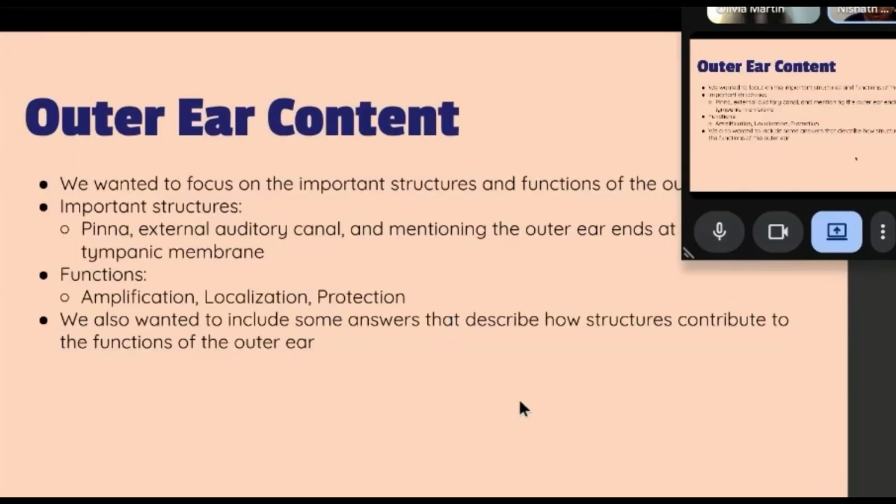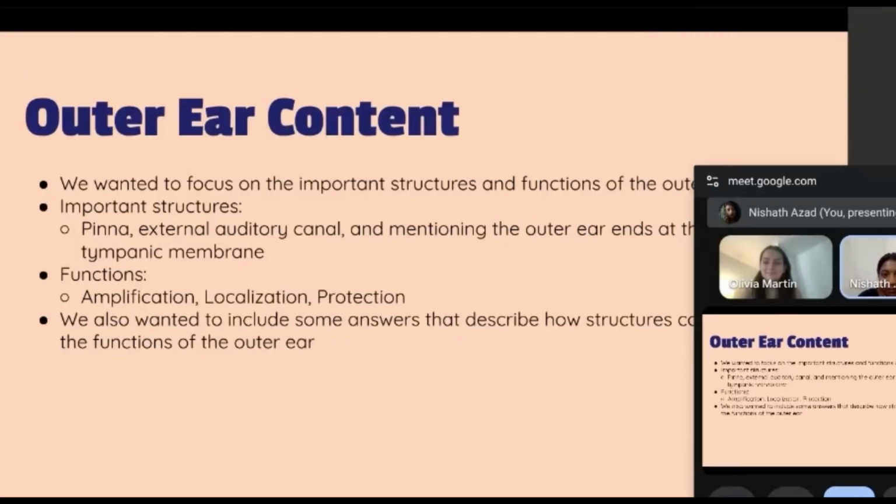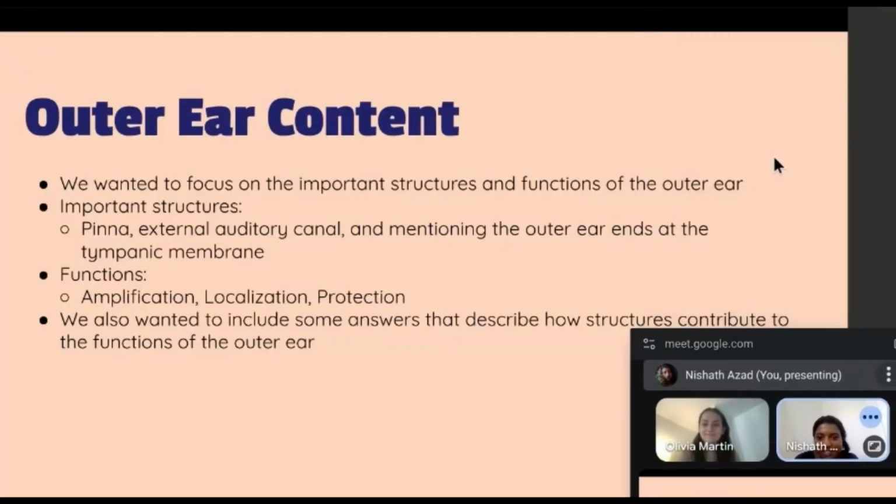We wanted to focus on the important structures and functions of the outer ears, such as the pinna, the external auditory canal, ear canal, of course. And we went over some of the specifics of how sound is localized based on just the shape of the pinna and how we can determine a sound coming from in front of us based on where it's hitting the pinna, et cetera.